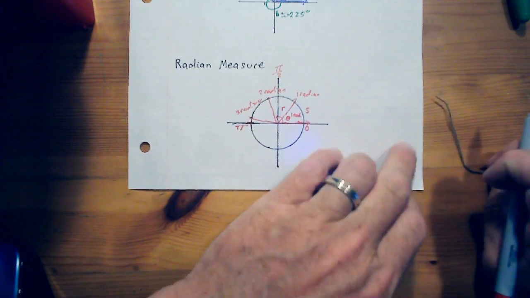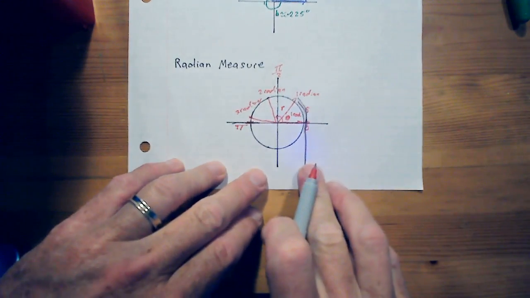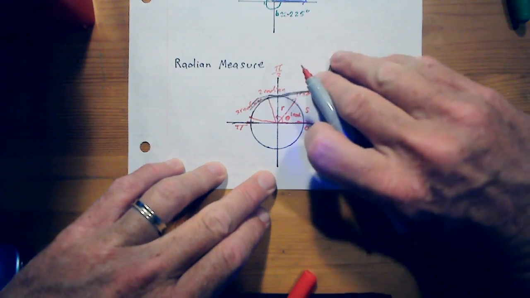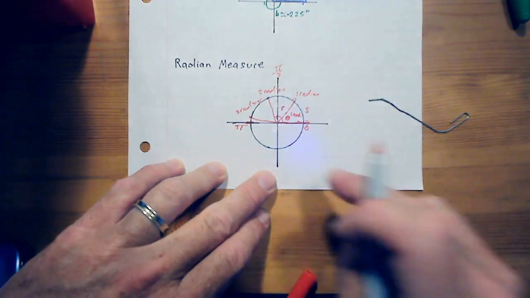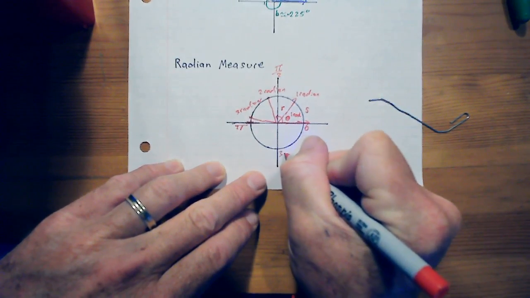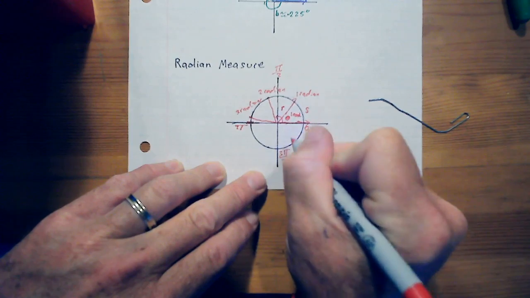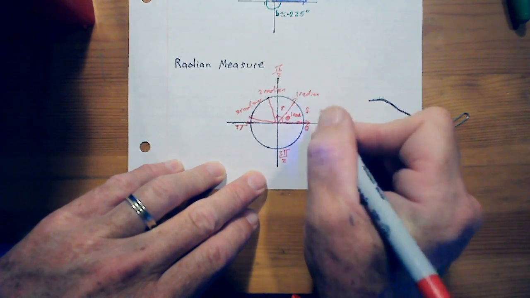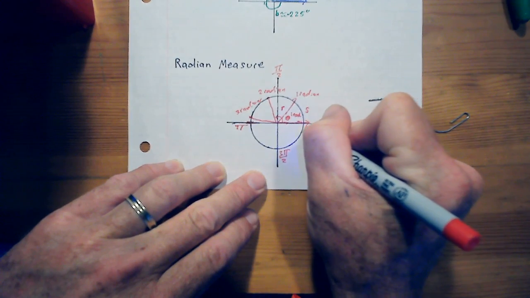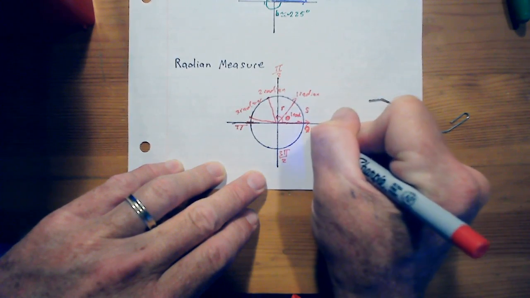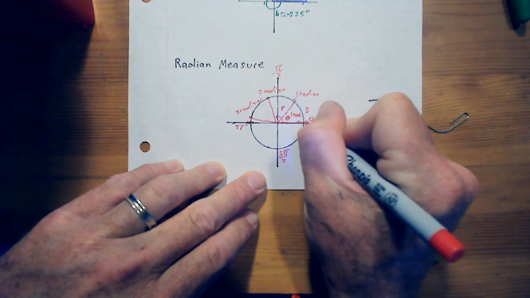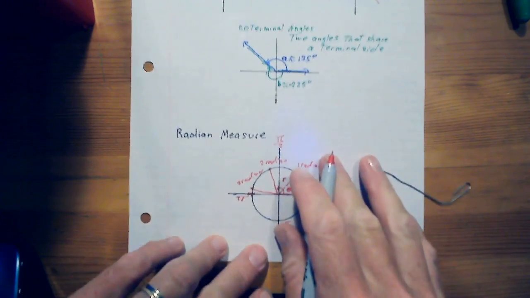If I wrap it around the circle, 1, 2, 3, I could keep going all the way around. Down here is 3 pi over 2, and all the way around is 2 pi. Actually, I'm going to write it here. 2 pi underneath, and I'll put 0. 0 and 2 pi, same place.